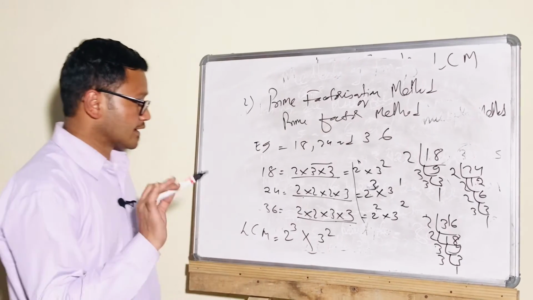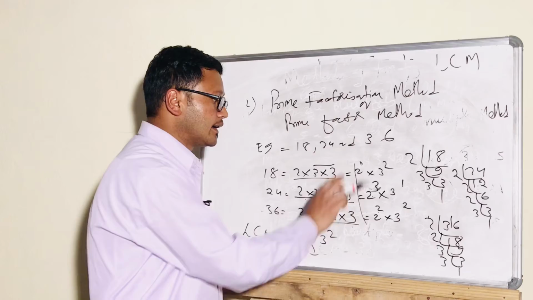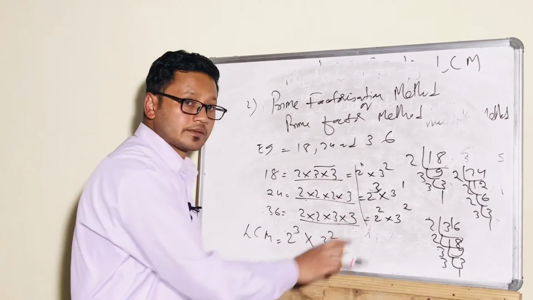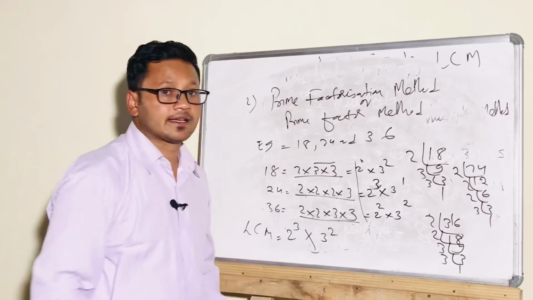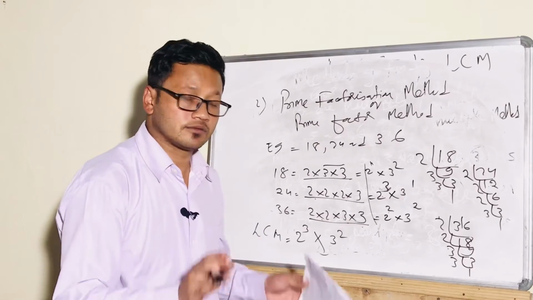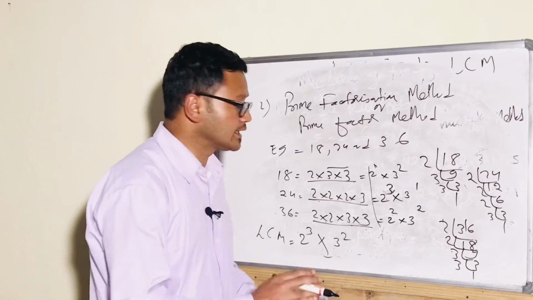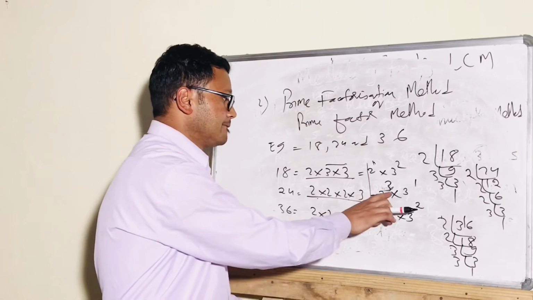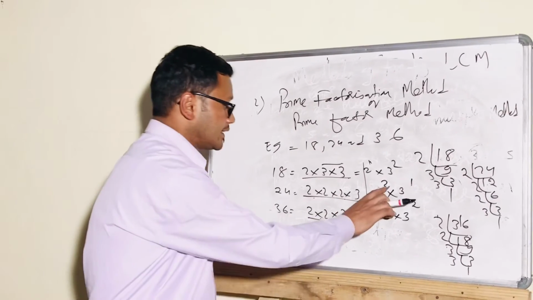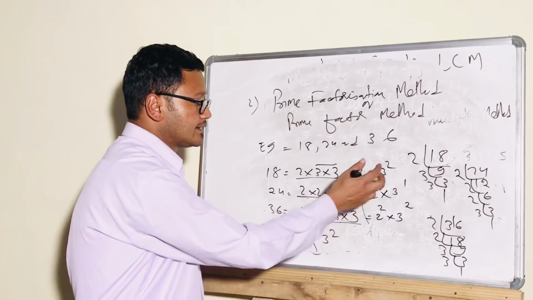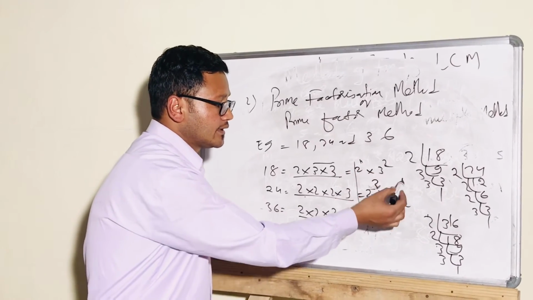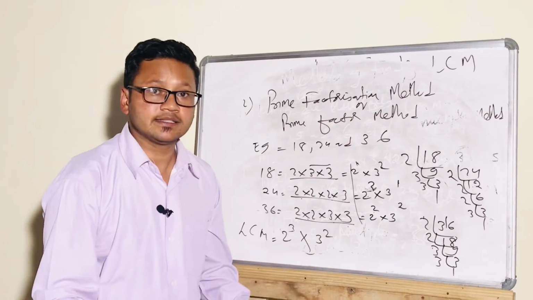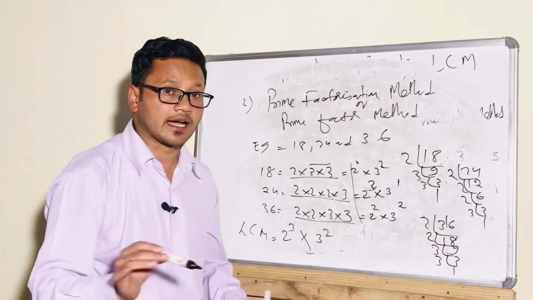Again, 2 is only one time, 2 is three times, 2 is two times. We take the number which has the highest power. 2 is the number which is common and the highest power is 3. So 2 cube, and 3 square is the highest.